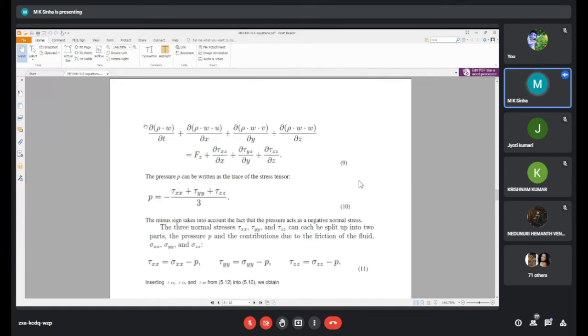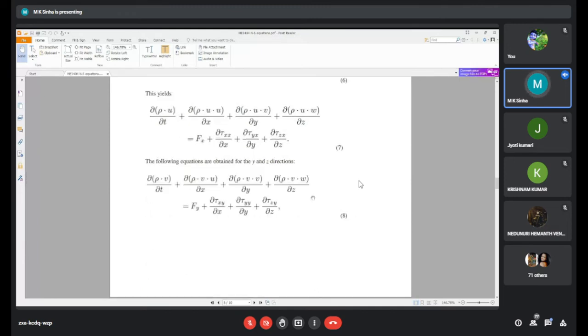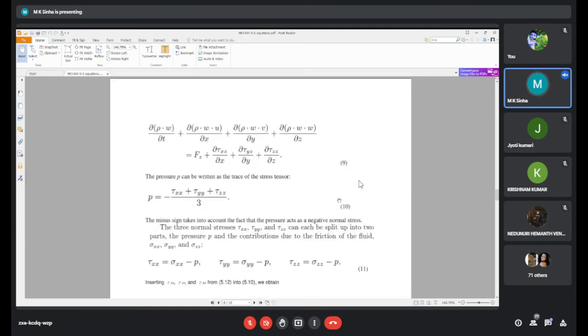Along the z direction, equation number 9, del/del t of rho w, and here del tau zz by del z in the z direction. So these are the momentum equations: along the x-axis, equation number 7, along the y-axis, equation number 8, along the z-axis, equation number 9.